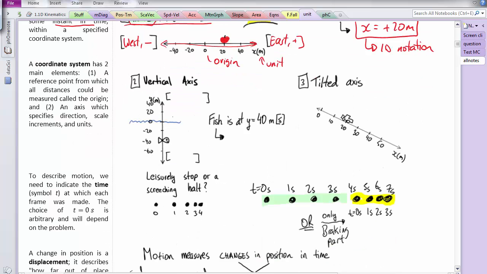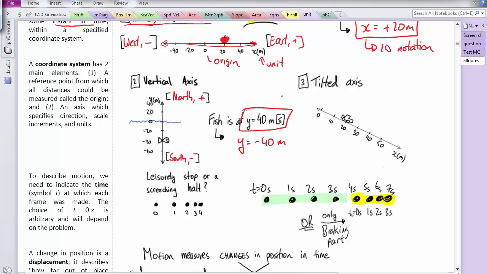Similarly, in a vertical axis, up here is the north end, which we also call positive, and down here is the south end, or what we call negative. So we would say the fish is at 40 meters south. In 1D notation, this would be y is equal to negative 40 meters.